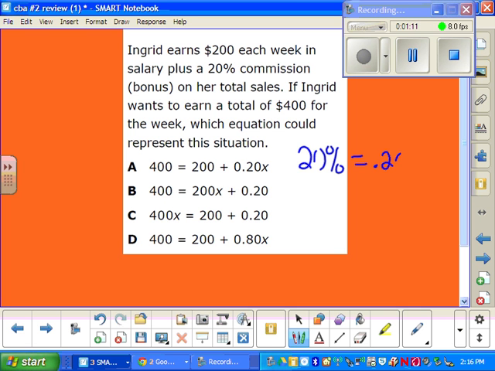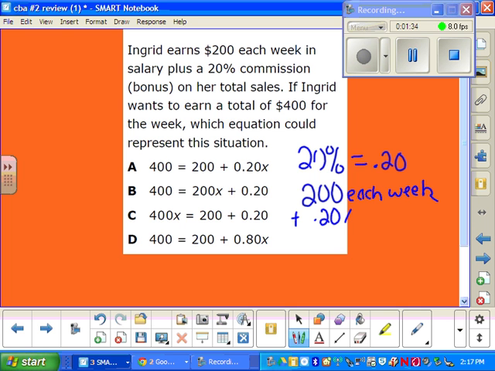So we know 20% is just going to be equal to 0.20 if we move the decimal place over 2 spots. We also know that she makes $200 each week. Both of those pieces of information will help us find the equation that will represent the situation.